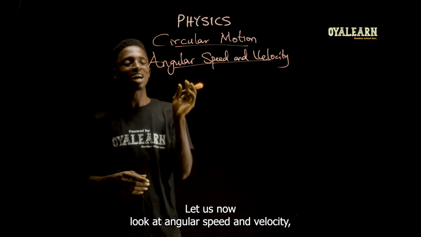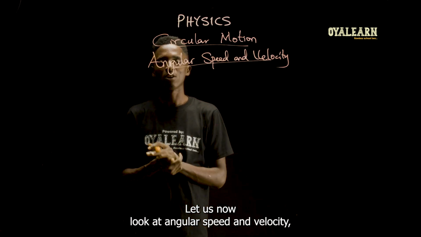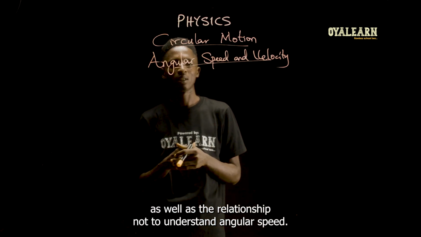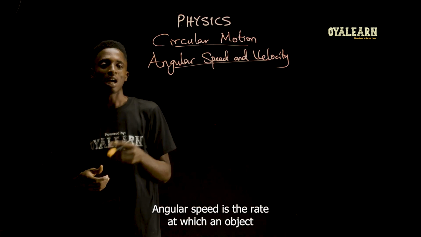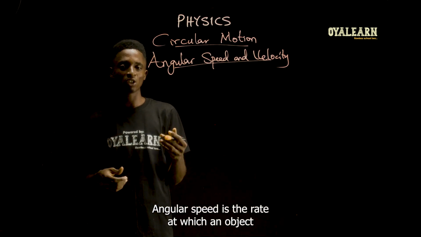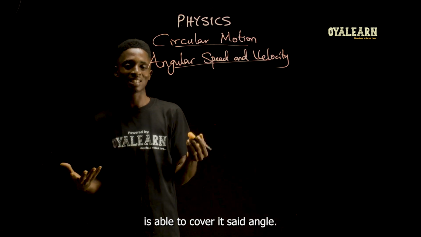Let us now look at angular speed and velocity as well as their relationship. Now, angular speed is the rate at which an object is able to cover a set angle.